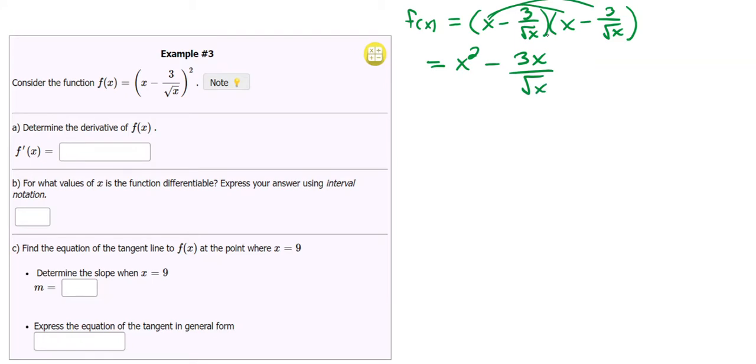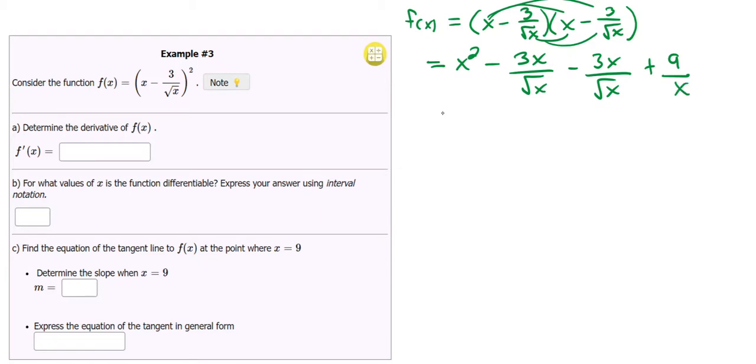And then the same thing for our middle term. This will be minus 3x over the square root of x. And then for our last one, this becomes negative 3 times negative 3. This becomes positive 9 over, and then just looking at the denominators of these two now, square root of x times square root of x. That's just x.